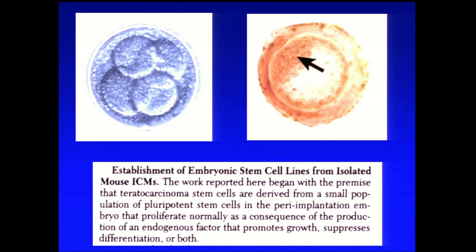And then here you have a blastocyst, and within the blastocyst, you have what's called the inner cell mass. And what these investigators recognized is that if you obtain this inner cell mass and grow them, they retain not just multipotentiality, but pluripotentiality. And pluripotentiality means that you can differentiate into all cells, including germline cells. And that's the key point here.